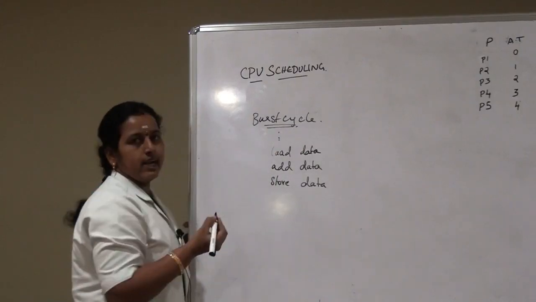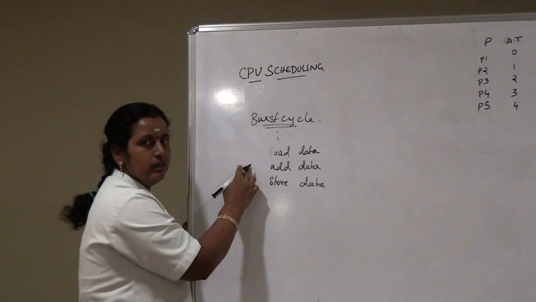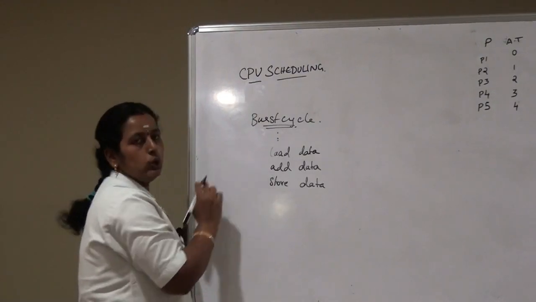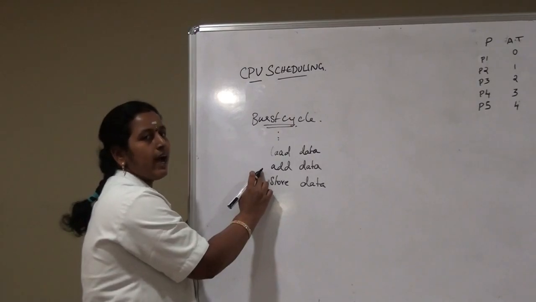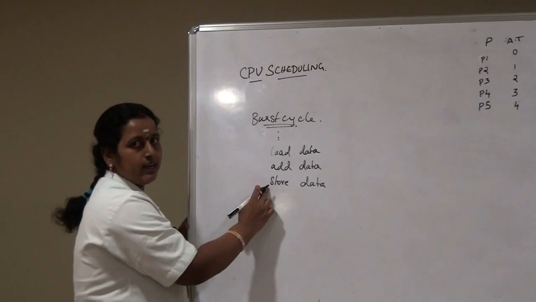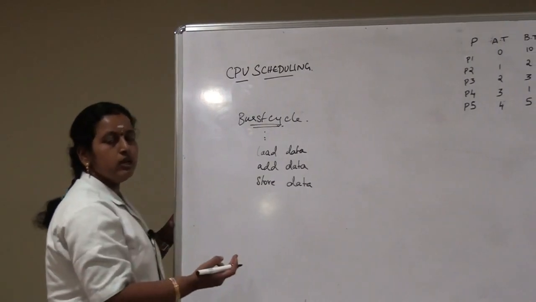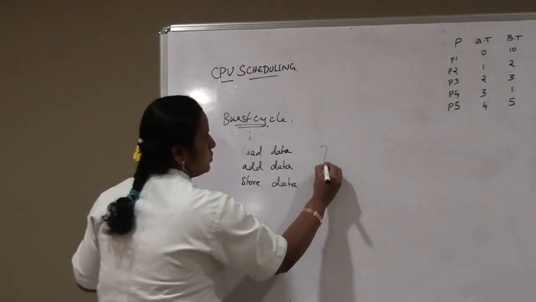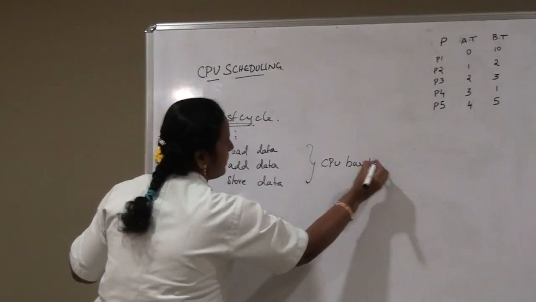A concerned data or process may be loaded from the memory to the CPU. That is load data. Add data is any process like adding or incrementing the data. Storing the data is, after the completion of its execution, the data again being stored in the memory. So this is the CPU burst.